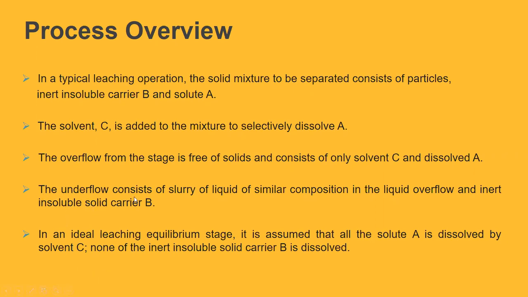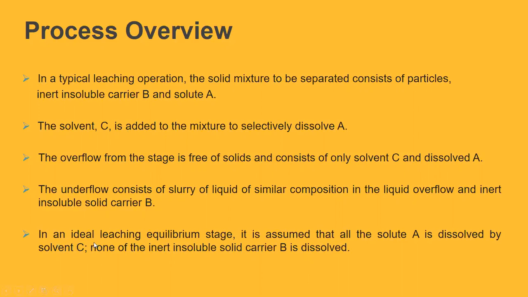So going back to this, the underflow consists of a slurry of liquid of similar composition to the liquid overflow and inert insoluble solid carrier B. So your underflow consists of a slurry of the inert insoluble solid B that was not dissolved by C and a solution having the same concentration as the overflow. So whatever is the concentration of the solution in the overflow, that is the same concentration of the solution that remains with your solid in your slurry.